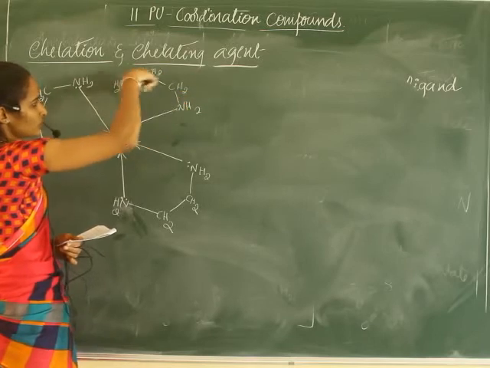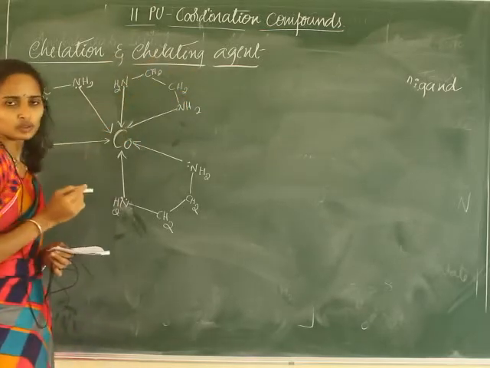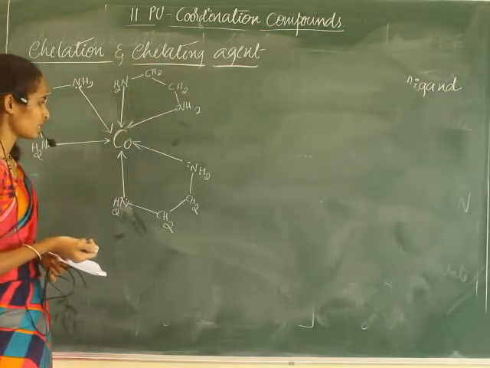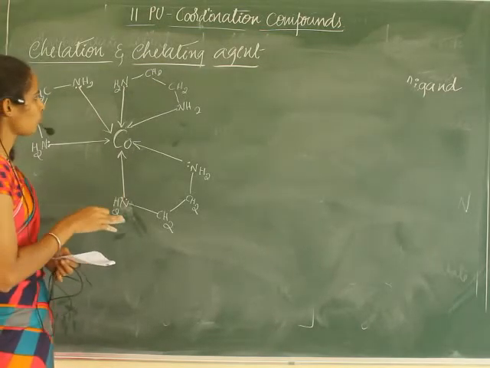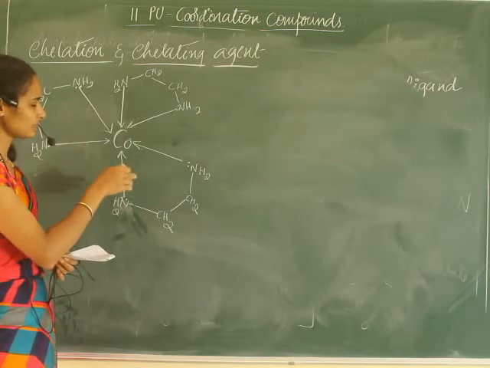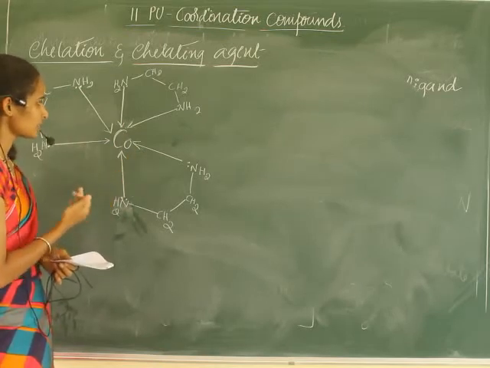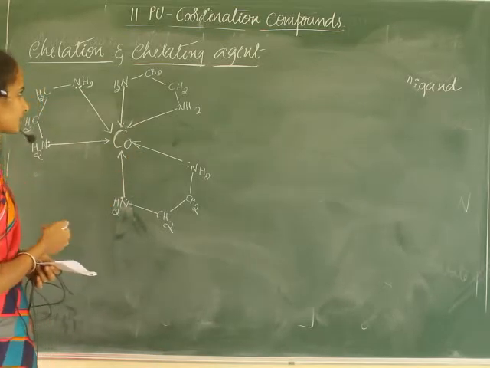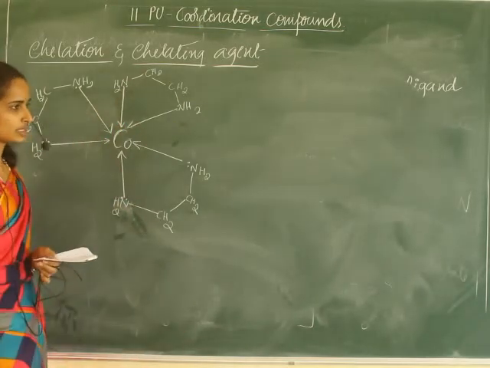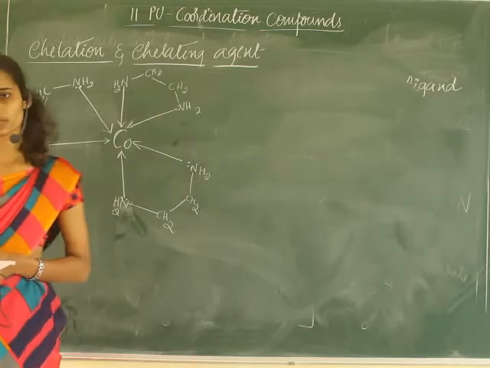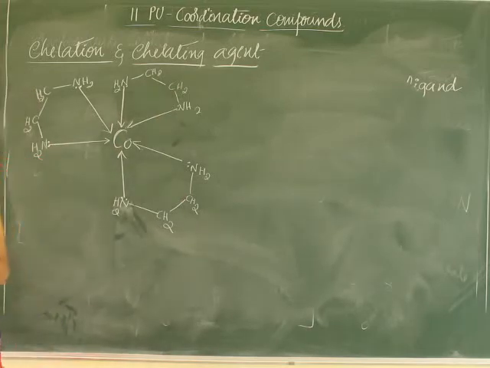Now we can observe three en groups, ethylene diamine. These three bidentate ligands form a ring-like structure. Hence it is called a chelate, these ligands are called chelating agents, and this process is called chelation.